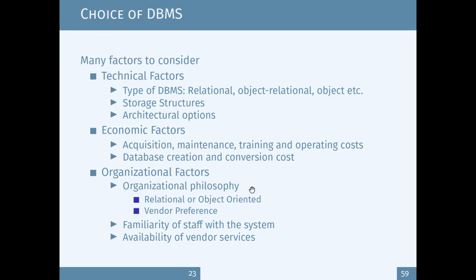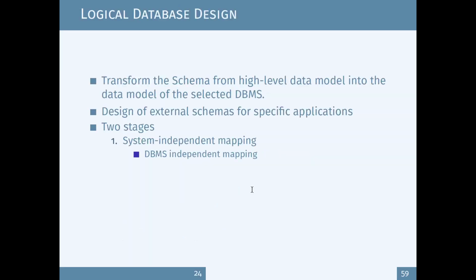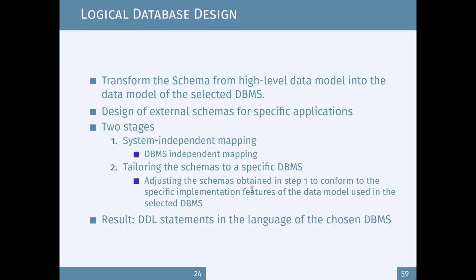Right. Now, once you choose the database, now you have to map everything. This is called logical database design. Now, what do you mean by logical? Once you have chosen, let's say MySQL, then you have to transform your database requirement into that, right? So that's why it says you have to transform a schema from high level to the data model of the selected DBMS.